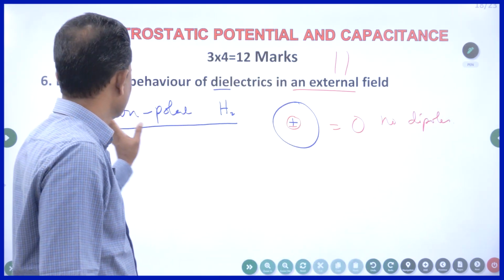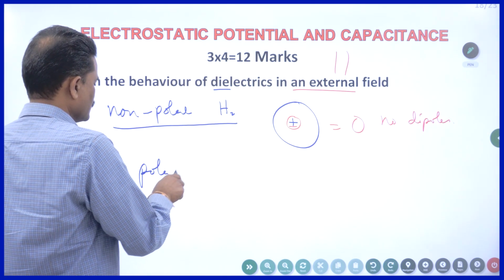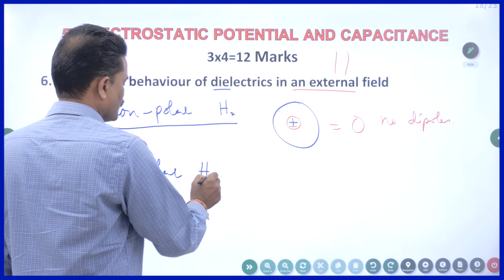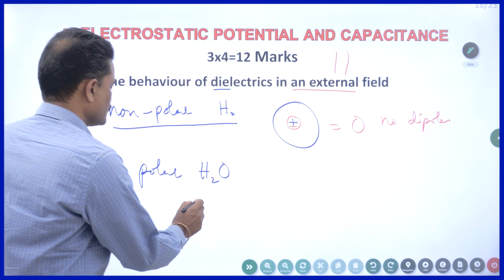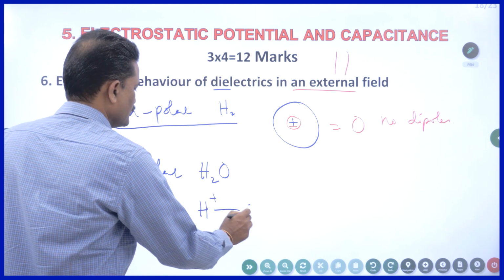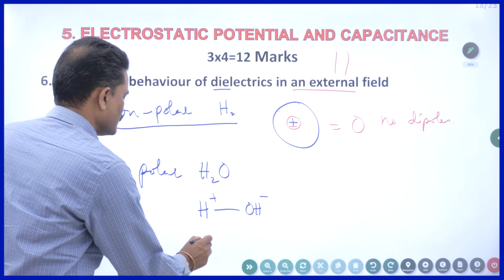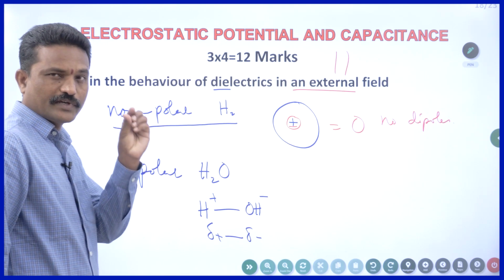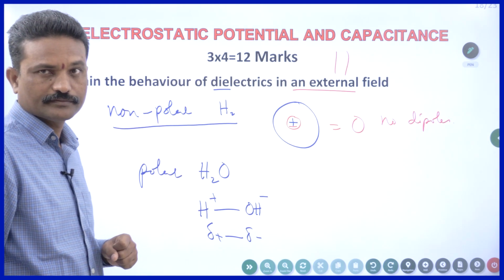That is called non-polar. In the case of polar substances, for example, in the previous questions, I gave the example of water. In water, the bonding is between H plus and OH minus. So there is a small positive charge and a small negative charge separated by a very small distance, of the order of angstroms.